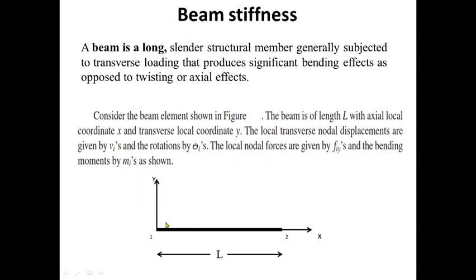For node 1, V1 is the transverse displacement and the rotation is represented by theta 1. Similarly, at node 2, V2 and theta 2 are the two unknowns. The shear force is given by F1y for node 1 and F2y for node 2, and the bending moments are M1 and M2. These are the notations used.